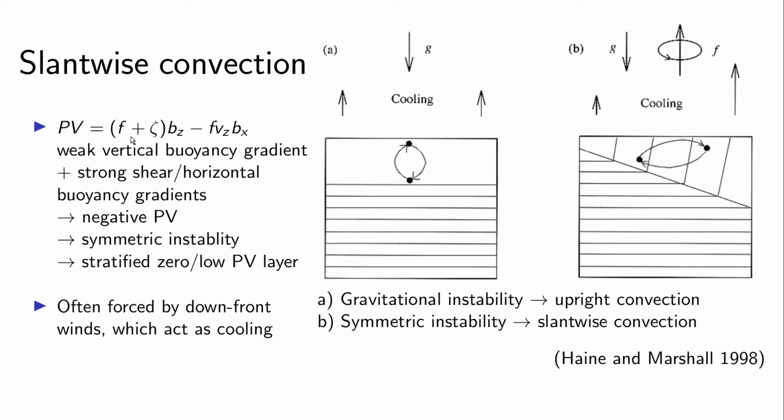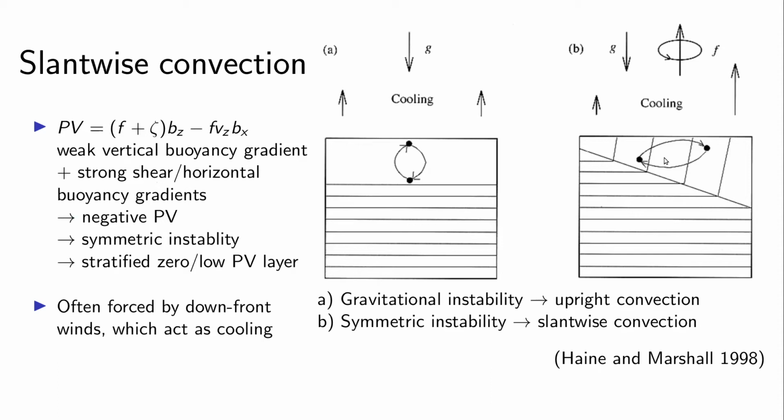So you have planetary relative vorticity multiplied by the vertical buoyancy gradient, and then a term that is dependent on the horizontal density gradient and shear, which are kind of equivalent through geostrophy. So when you have this combination of very weak vertical buoyancy gradients and strong horizontal density gradients, you can actually get negative PV, which triggers a symmetric instability.